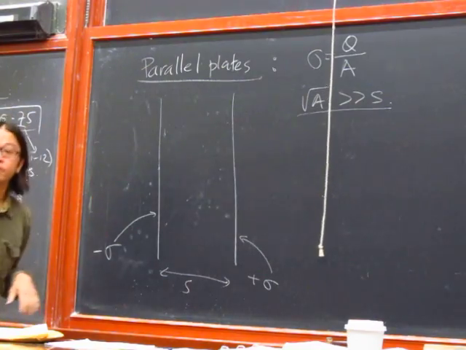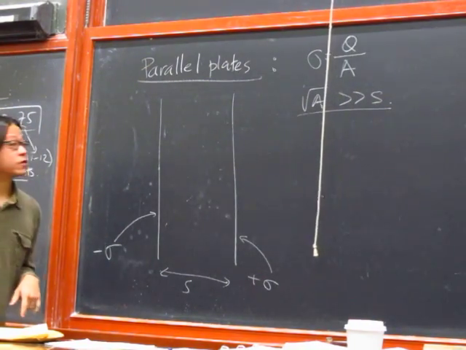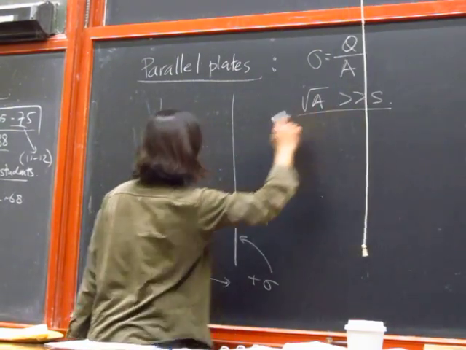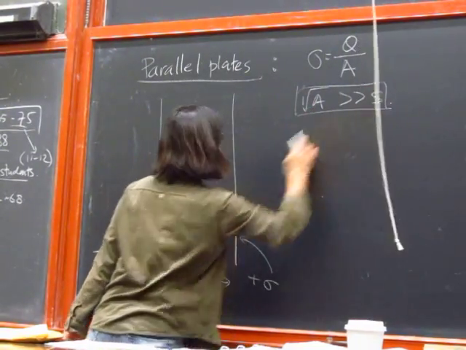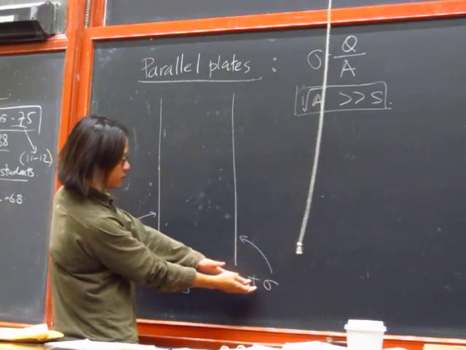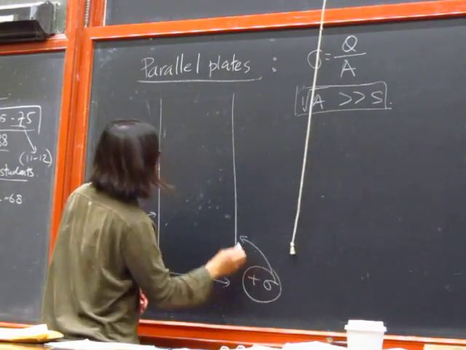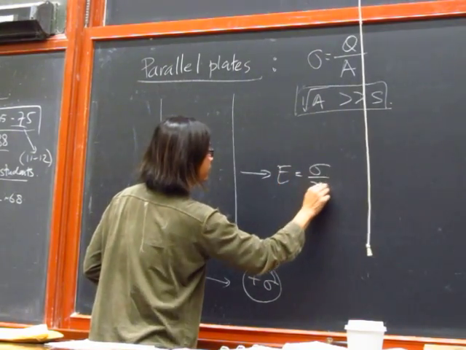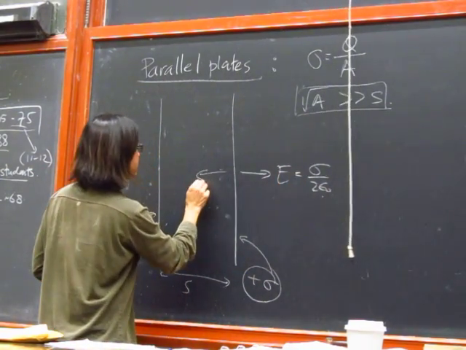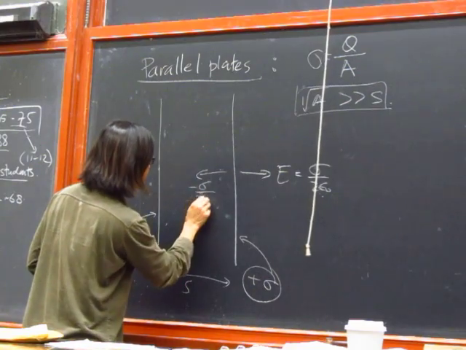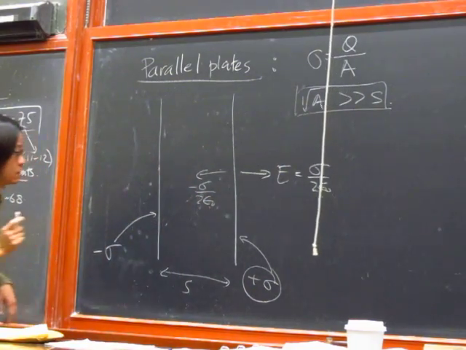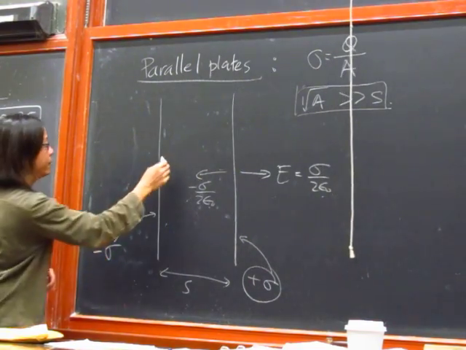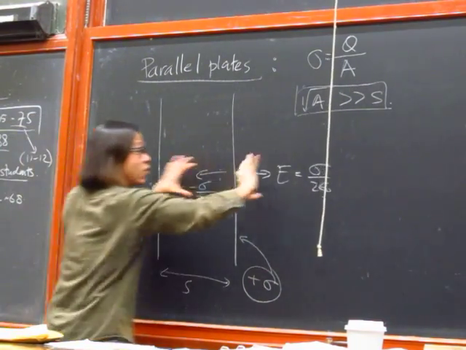Let's find the field everywhere. From our study of the infinite slab, if you assume this is much larger, then just from the plus sigma slab you have an electric field equal to sigma over 2 epsilon naught. I'm going fast because we did this discussion on Wednesday. Then the negative slab extends all the way to infinity.